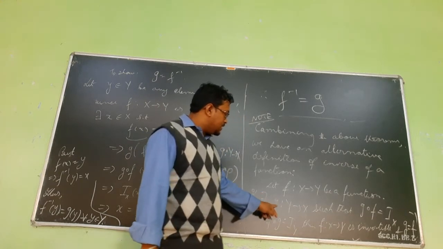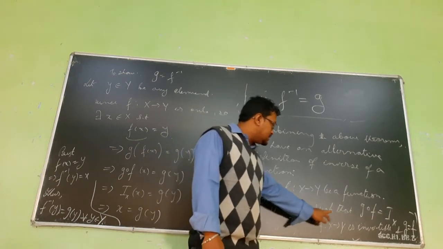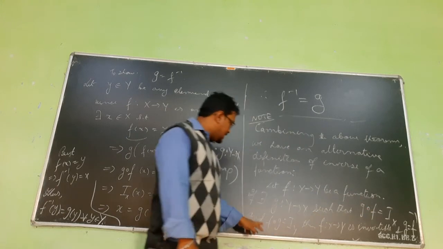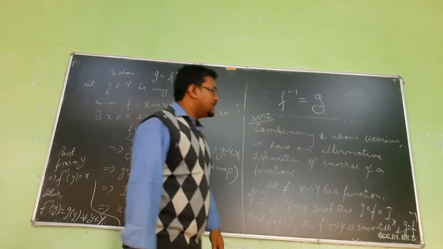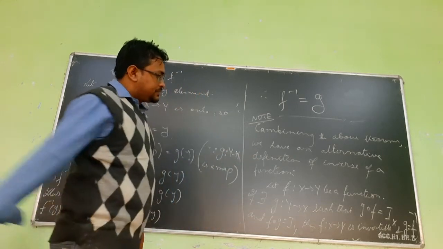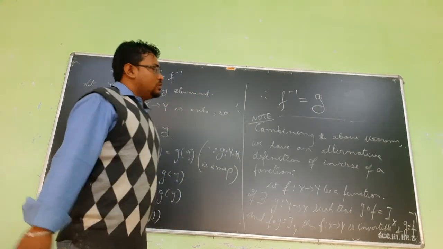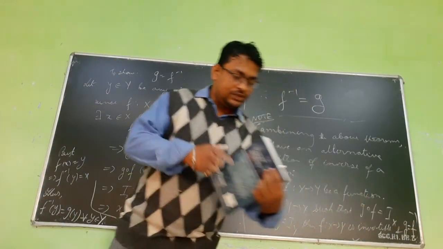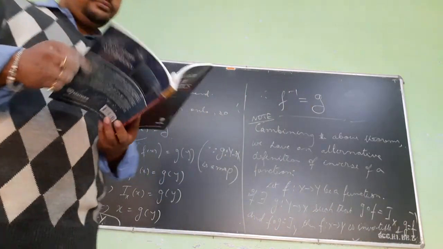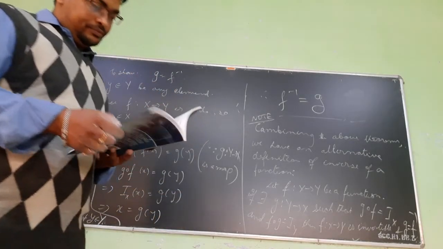If there exists a function g from Y to X such that GOF equal to I_X and FOG equal to I_Y, then f from X to Y is invertible, and invertible means it's a bijection. And g is equal to f inverse.